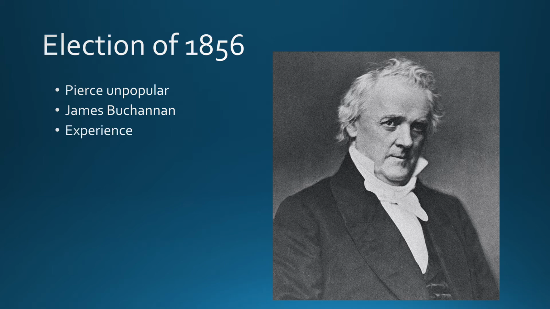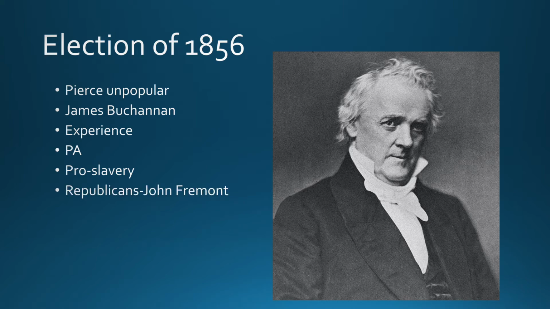What made Buchanan intriguing and electable was that he had about 4 decades' worth of experience in public service and government. For the Democrats, this guy seems good. He's also pro-slavery, so he works as a balance, sort of similar to Pierce, but we're going to see Buchanan have a lot of issues himself, which we'll get to in just a little bit.